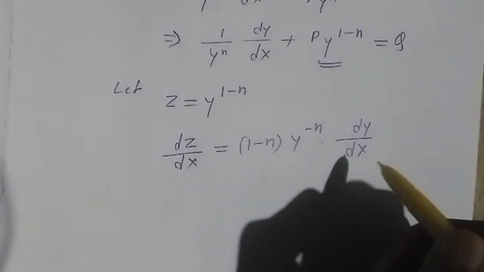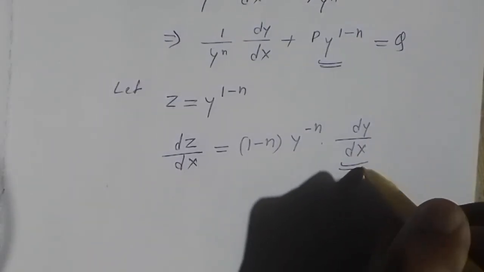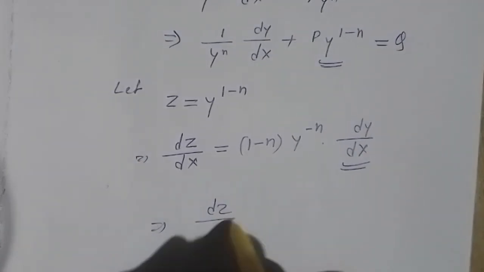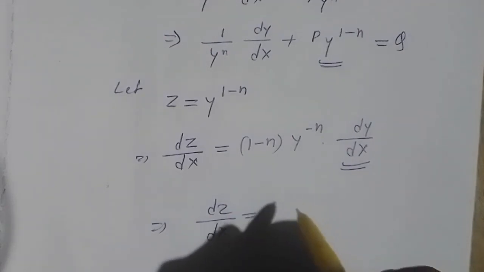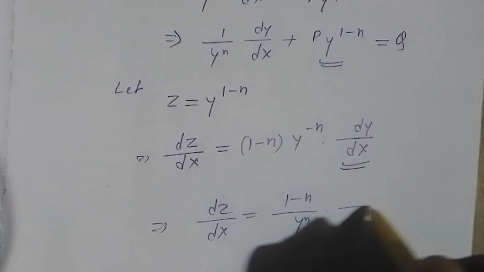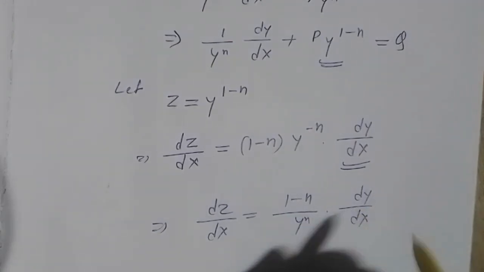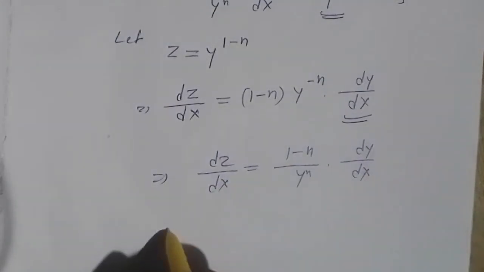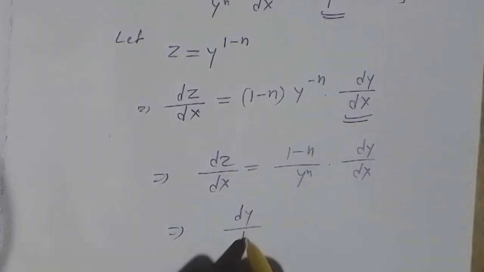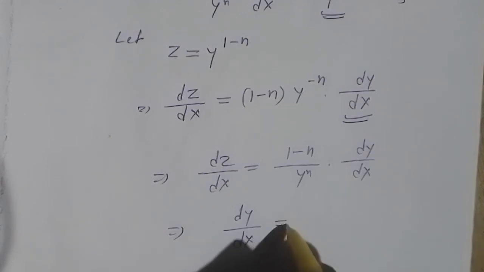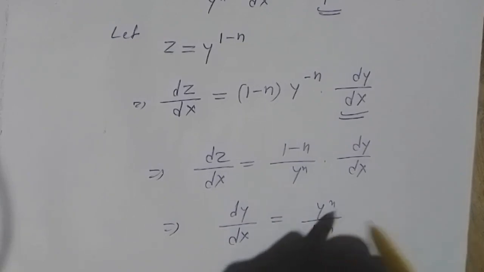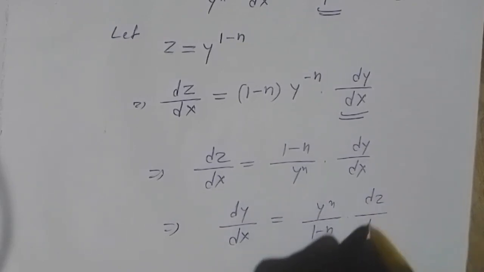So from here we can find dy by dx. Okay, so we get dz by dx is equal to 1 minus n by y to the power n into dy by dx. So from here dy by dx equals y to the power n by 1 minus n into dz by dx.